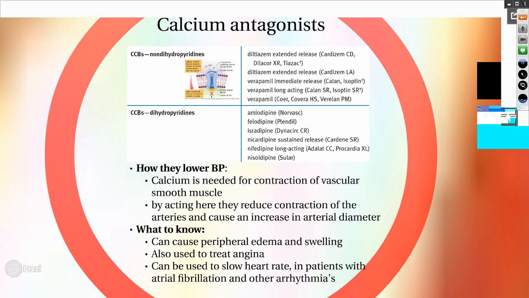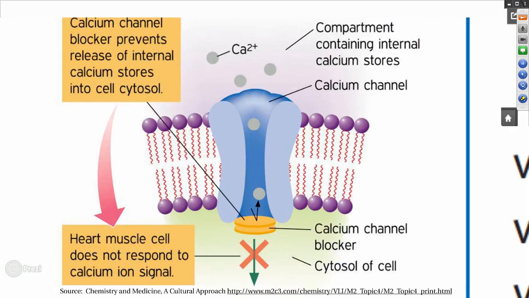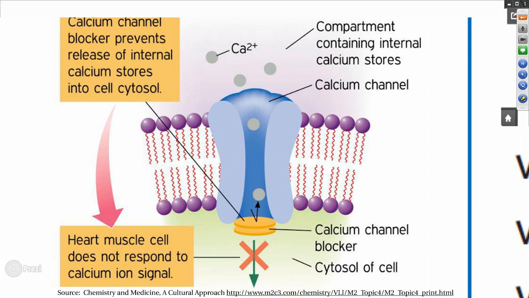If we block calcium entry into the cell, like we do here, here's the calcium channel blocker, here's our cell, here's the calcium entering and being blocked, thereby preventing the heart muscle or the vascular smooth muscle from responding to calcium, right? You can't respond to calcium, your vasculature can't vasoconstrict, and our cross-sectional area therefore relaxes.